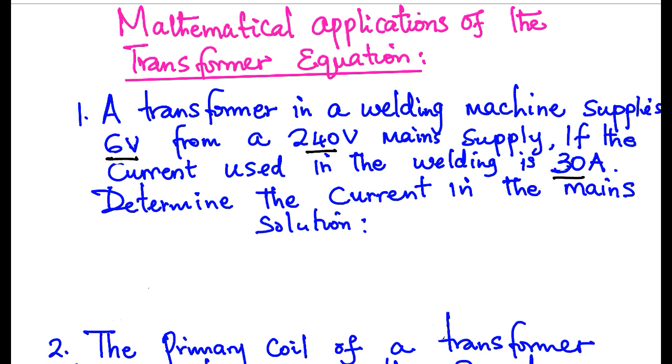So 6 volts in this case is the secondary voltage, or the output voltage. 240 volts is the primary voltage or the input voltage. 30 amps is the secondary or output current.